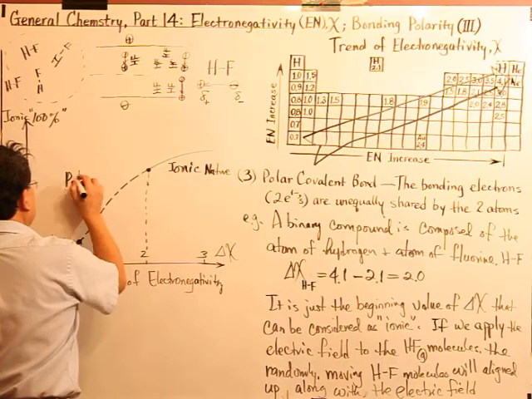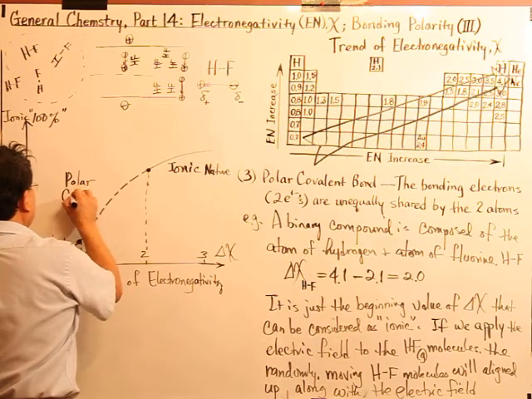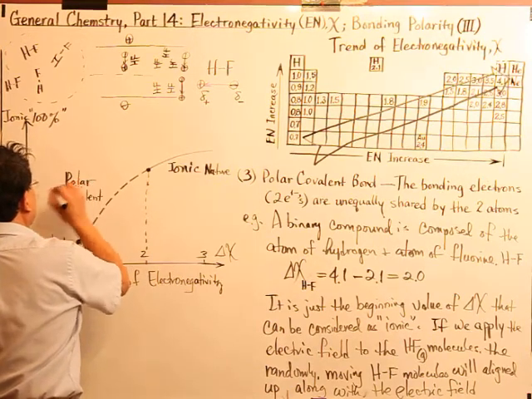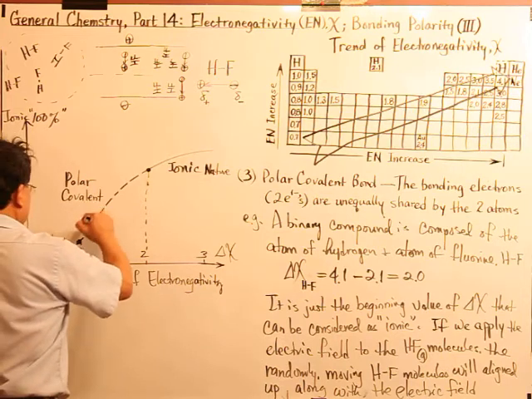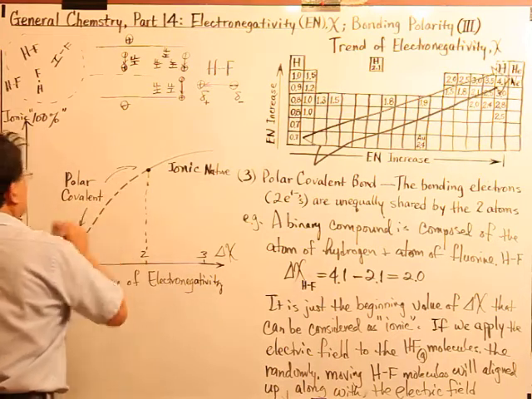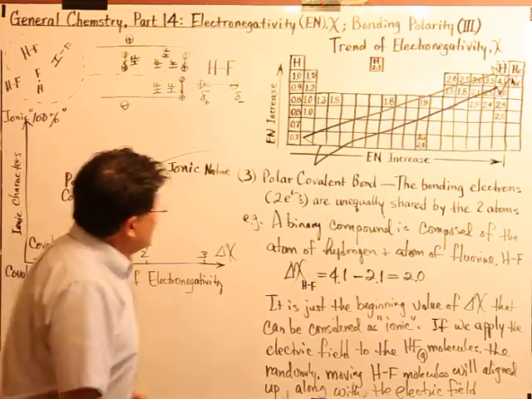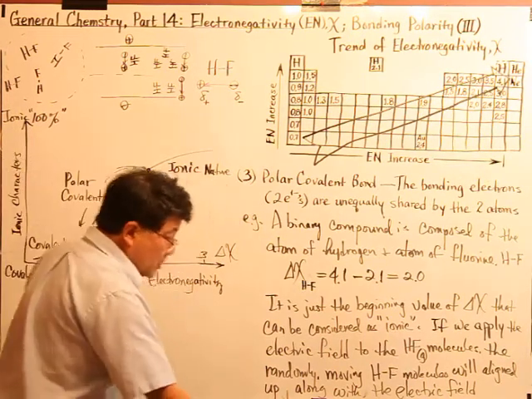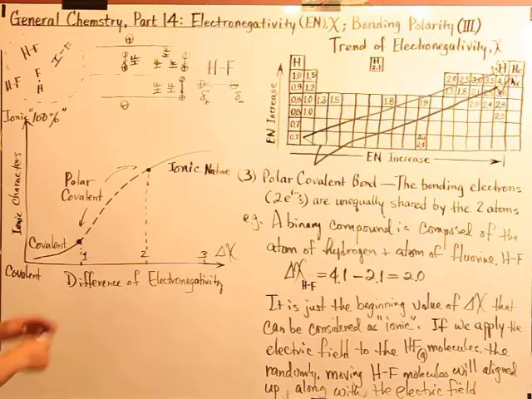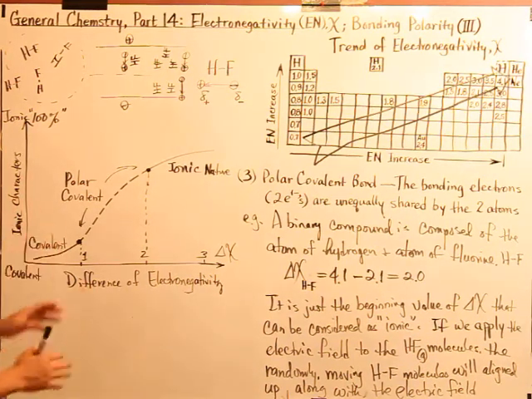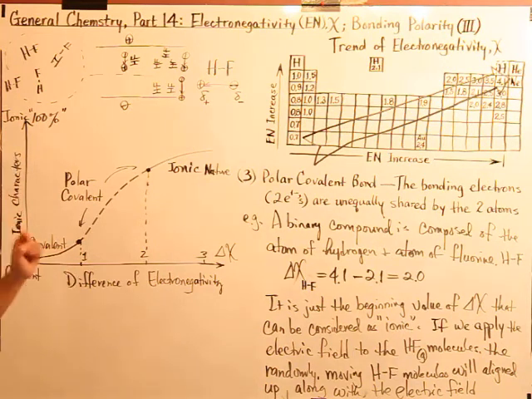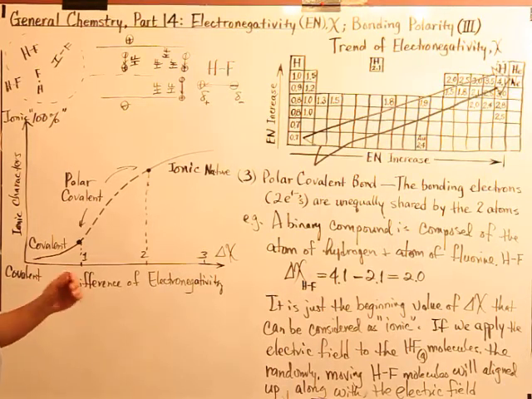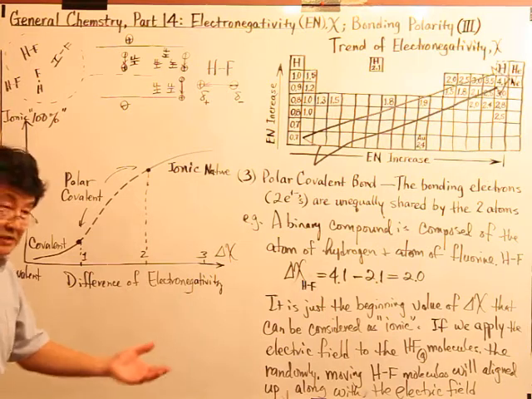Covalent. This region up to here. Now you can make a judgment by using this feature of the diagram, and so far we have done almost everything we should say about the relationship between the bonding polarity and the value of electronegativity, or the difference of electronegativity from two atoms, either the same or different elements.